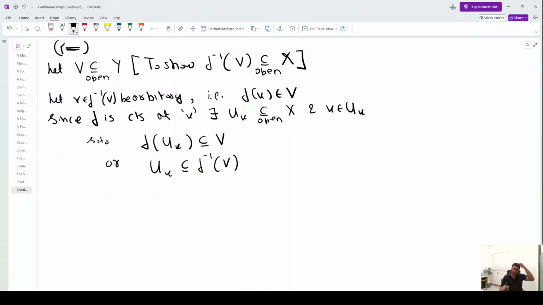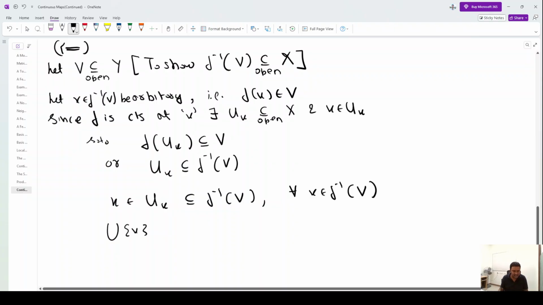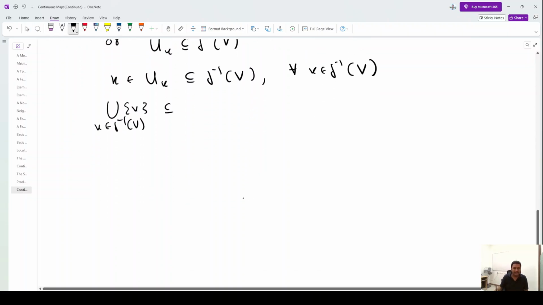So, what you have done? You have x in U_x, and this is inside f inverse of V_x. This is for every x in f inverse of V, right? Now the standard thing: take the union over x. So the union of singletons {x}, x in f inverse of V, is contained in, where, guys?